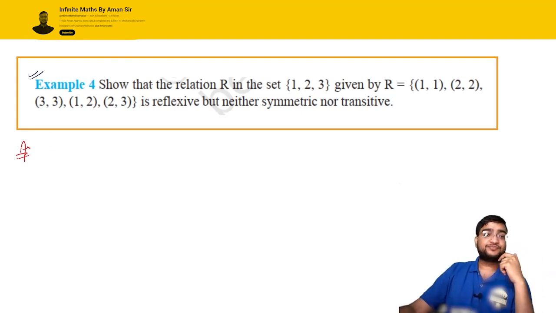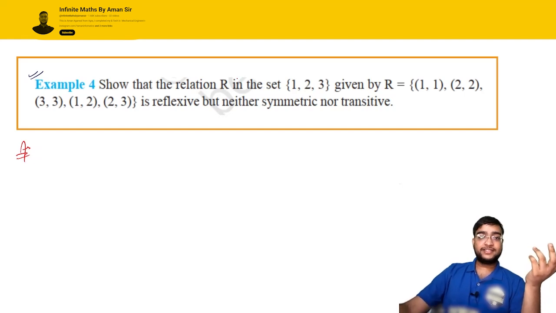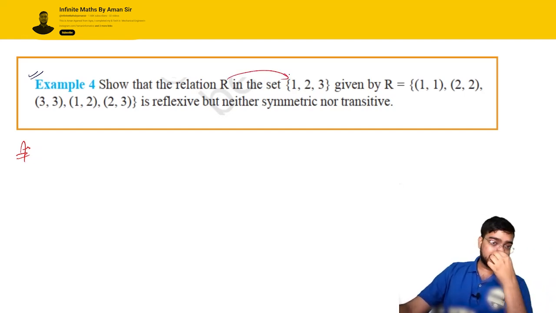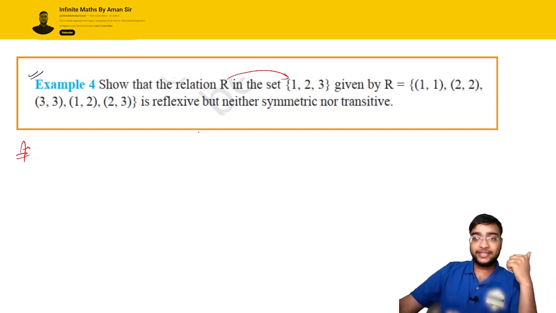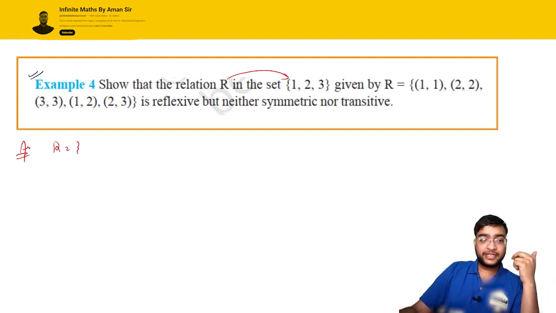Let's say we show the relation R on the set. This is something related with this set only. The relation actually given to you is 1,1, 2,2, 3,3, 1,2, and 2,3.